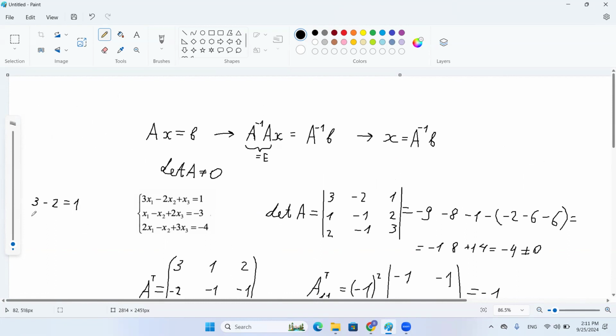Correct. Now 1 minus 4 is minus 3. And 2 minus 6 is minus 4. So finally, we have the correct result. So now you just see that we really need to verify our result to check ourselves that everything is correct.